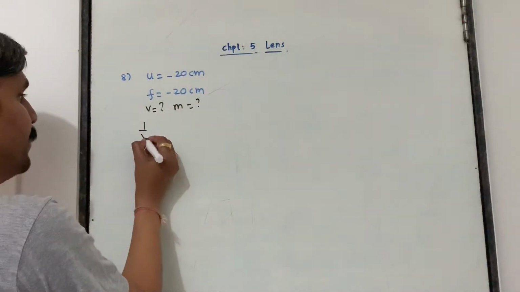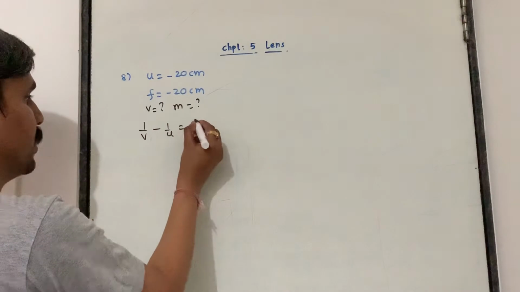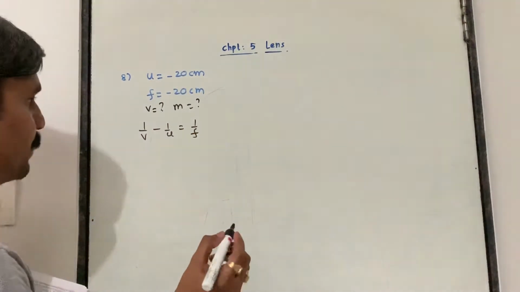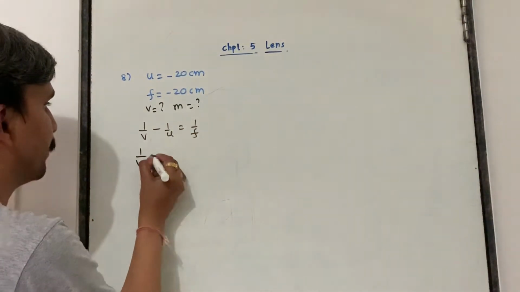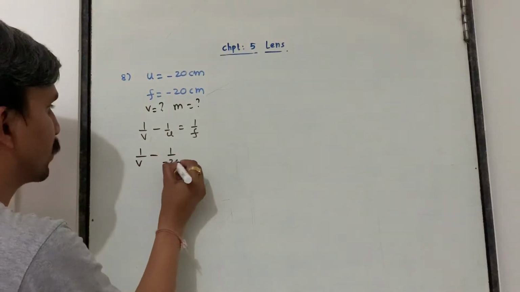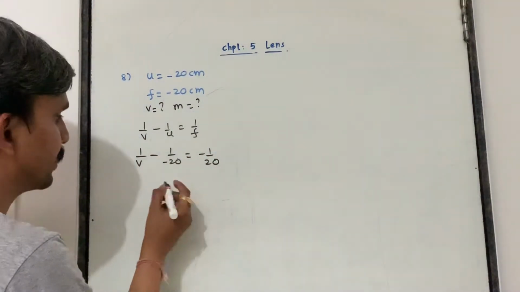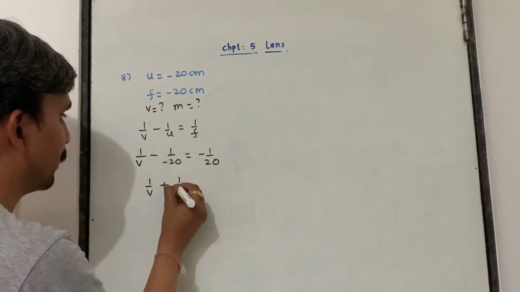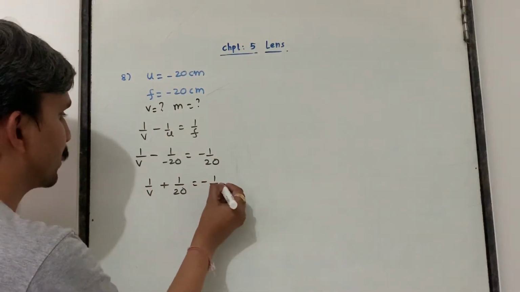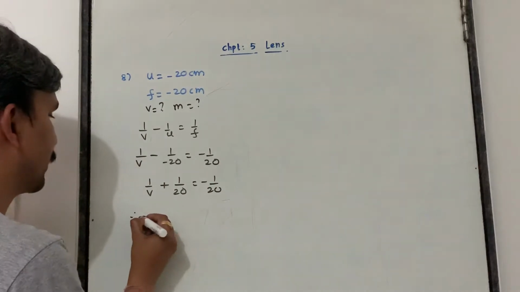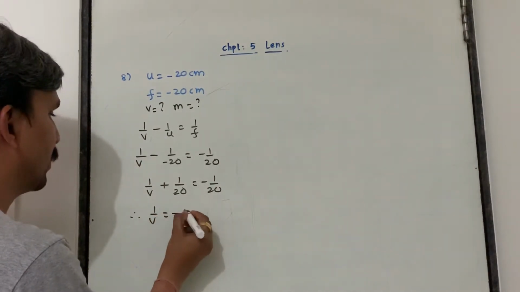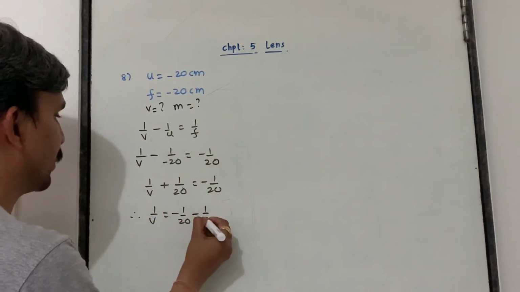So 1 by v minus 1 by u is 1 by f. This is the formula. So this is 1 by v minus of minus 20 is equal to minus of 1 by 20. This is 1 by v plus 1 by 20 is minus 1 by 20. Take this to other side. 1 by v is equal to minus 1 by 20 minus 1 by 20.